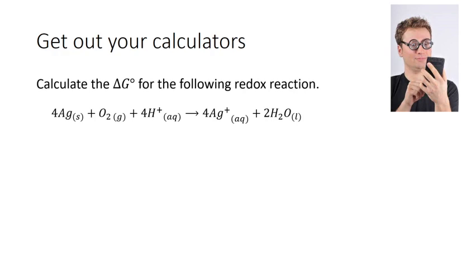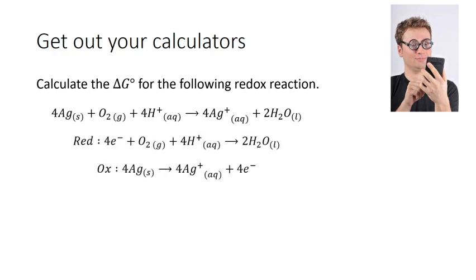We're going to split this up into our reduction and our oxidation equations here, where oxygen is being reduced, right, from 0 to -2 in its oxidation state, because if we look, we've got 0 here and a -2 state here, while silver is being oxidized, right, from 0 here to +1 here.